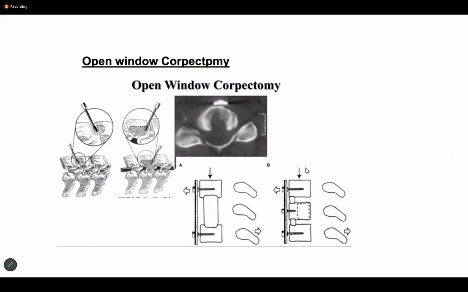At this level, the anterior and lateral portions of the vertebral cortex are left intact when we drill the vertebra.